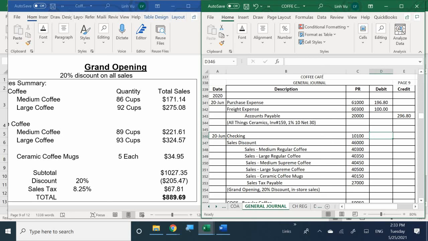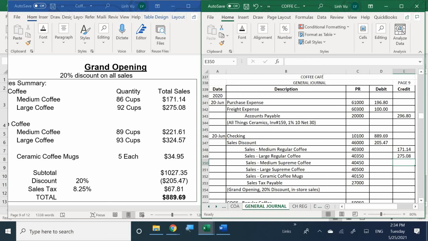All right. Well, we're going to start with checking at $889.69. Our discount is going to be $205.47. Then on our credits for our sales of the coffee, medium coffee is going to be $171.14. Our large regular coffee is going to be $275.08.